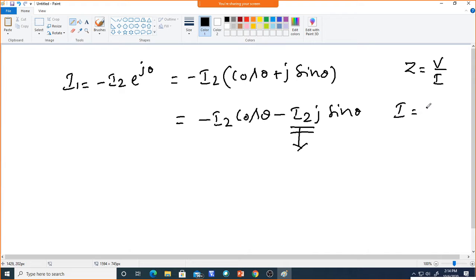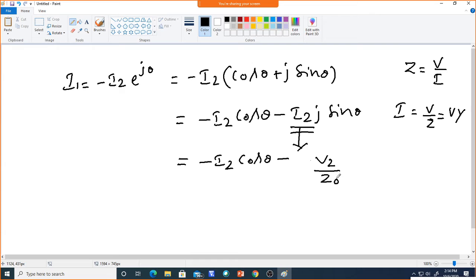So I equals V by Z, in terms of impedance, or V into Y in terms of admittance. So in terms of V2 we can represent I2 as V2 by Z0, or if you have admittance, you can write it as V2 into Y.